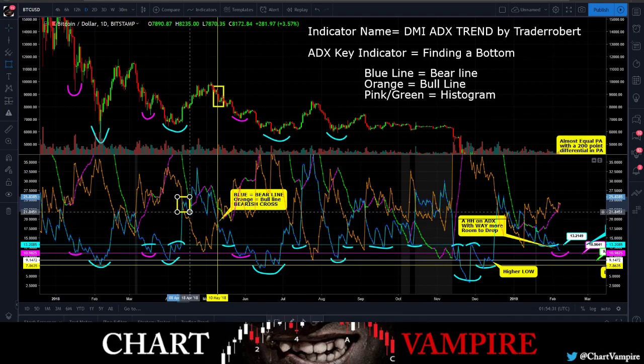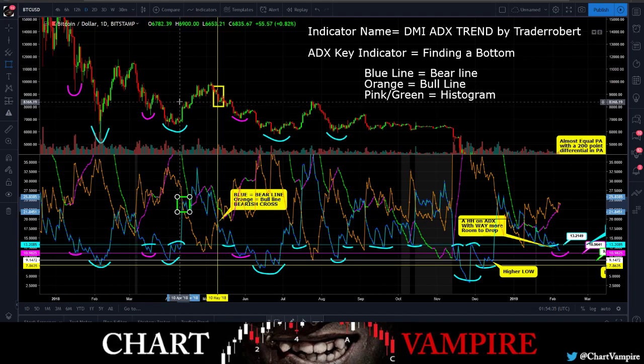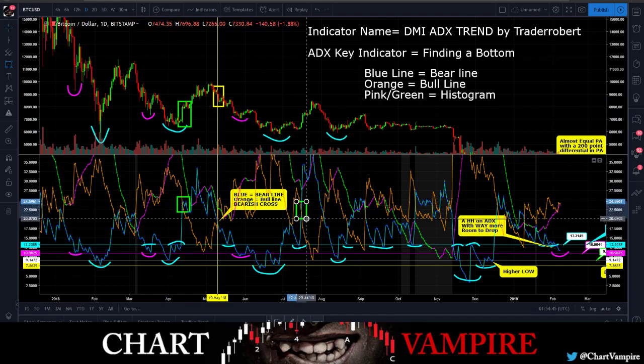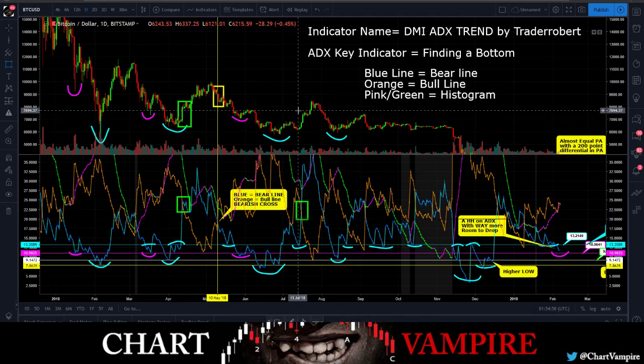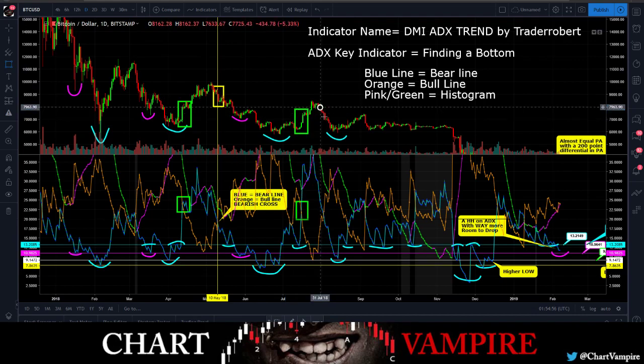This is a bull cross. What happens when you have a bull cross? There you go, you have bullish momentum, right? And you can just go back down here, right? Bearish cross, there's a bull cross. Whenever you get these bull crosses, you get this beautiful pop up, right? And whenever you get these bearish drops, it gets real ugly.